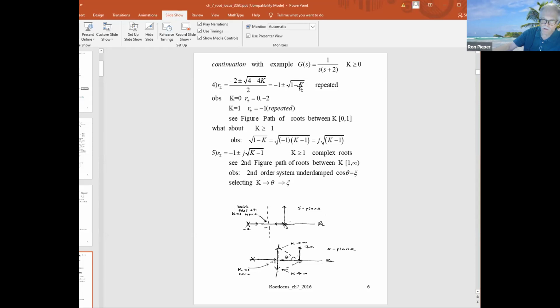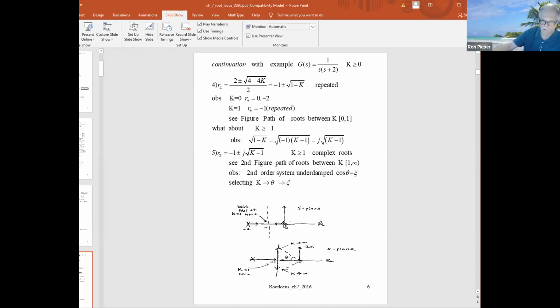So the fact is, eventually you get to a point where both roots, at k equal to 1, are sitting on the same value of -1. And of course, it's repeated at that point. So between k equals 0 and k equal to 1, we can visualize. Here's a visualization if you want that.